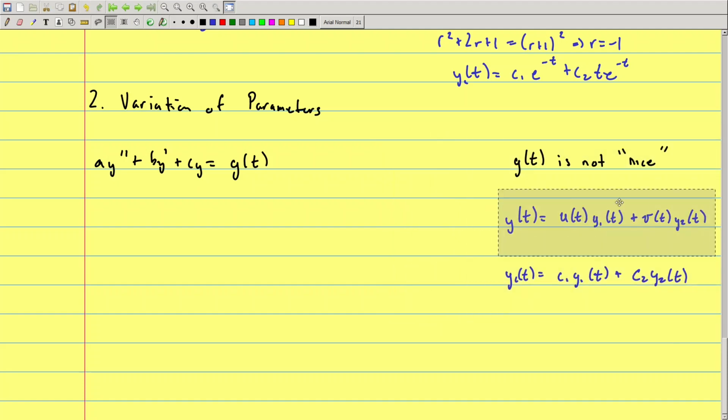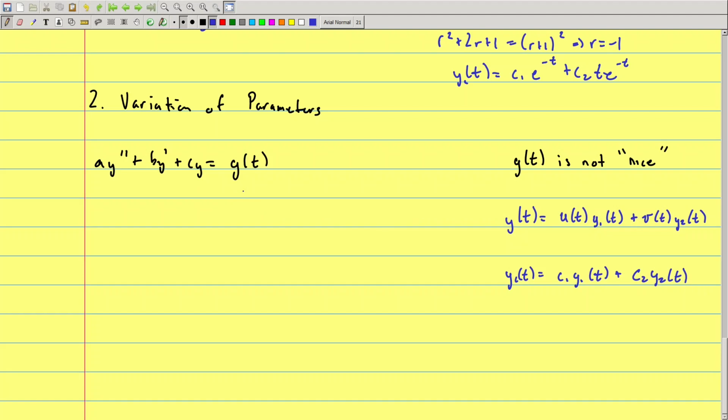If we plug this expression into the differential equation and do some algebra and calculus and work everything out, we will come up with essentially a system of two equations and two unknowns.